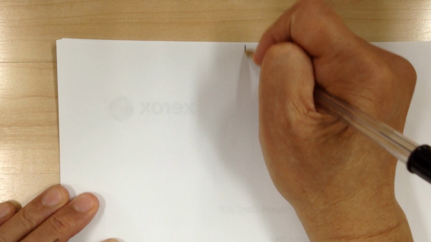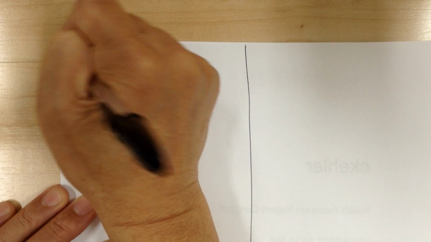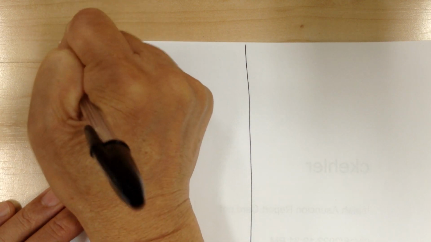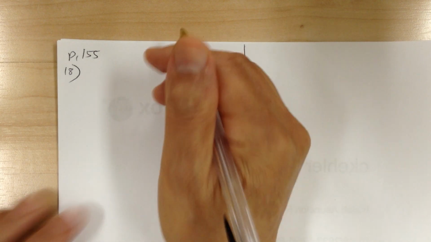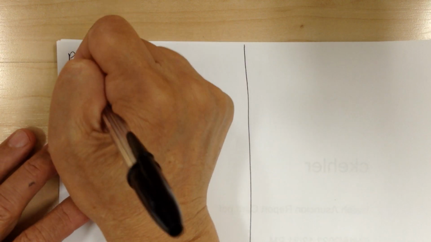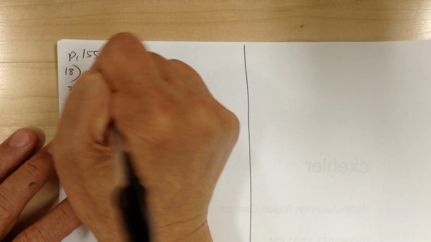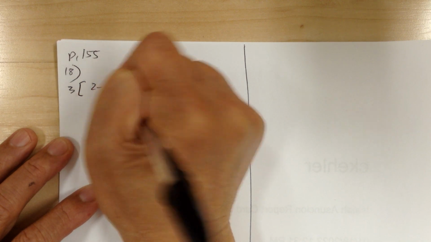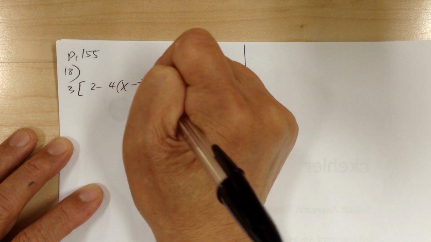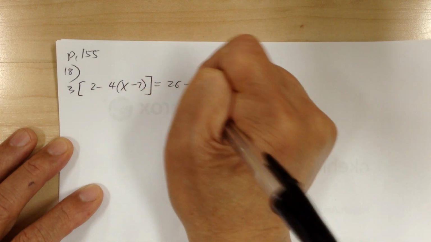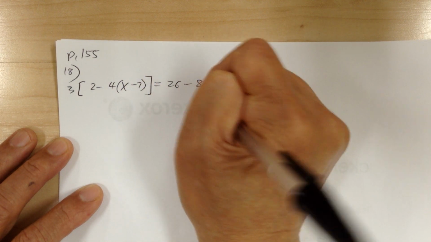Okay, next one, let's go to number 18. So you have 3 bracket 2 minus 4 times (x minus 7), okay, equal to 26 minus 8x.